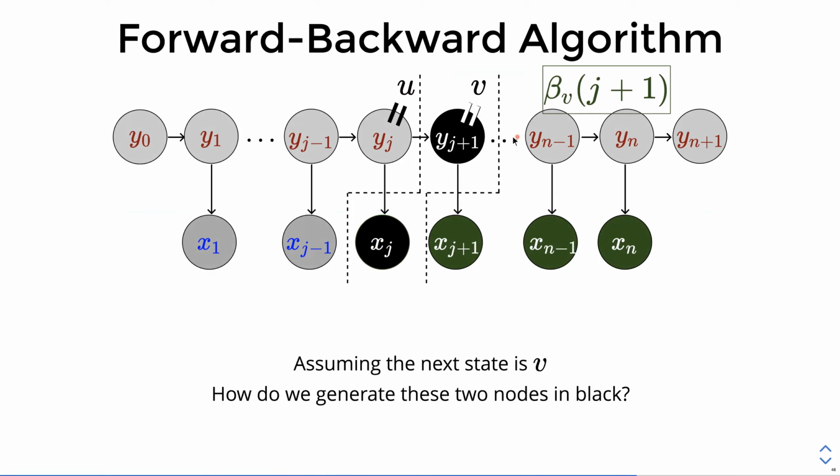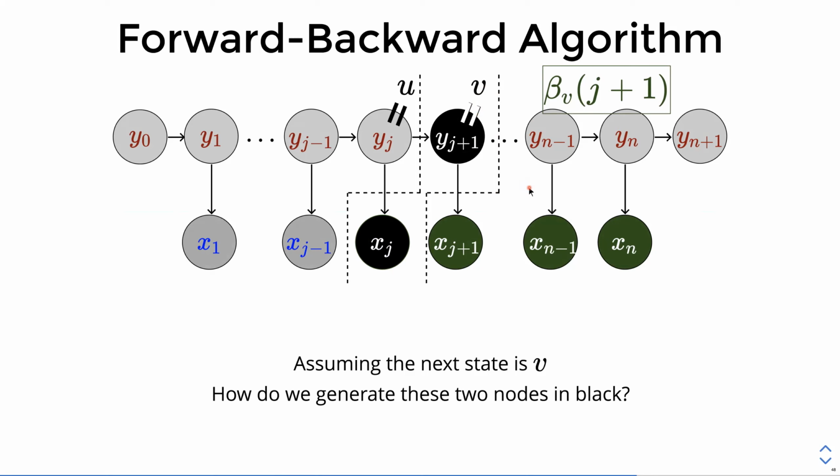So I want to draw the recurrence relation between the current beta at position j and the previous beta, which is at position j plus 1. If I set the value here to be v, this part of the network gives me beta v j plus 1. Now we are ready to draw the relation between these two betas.